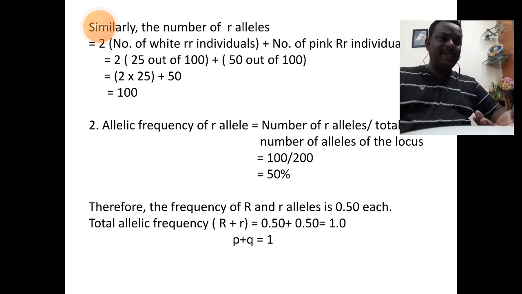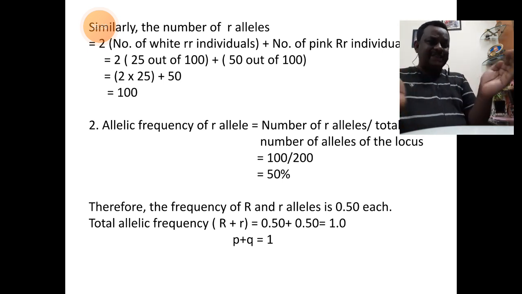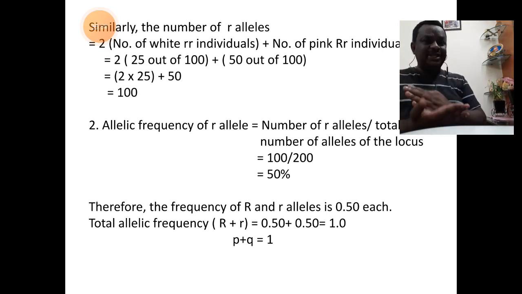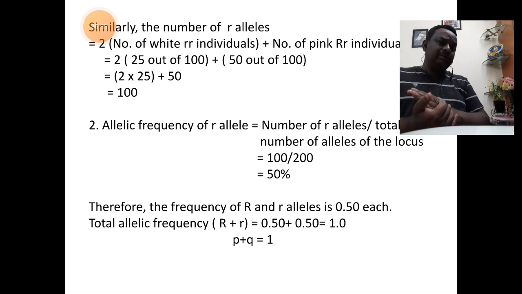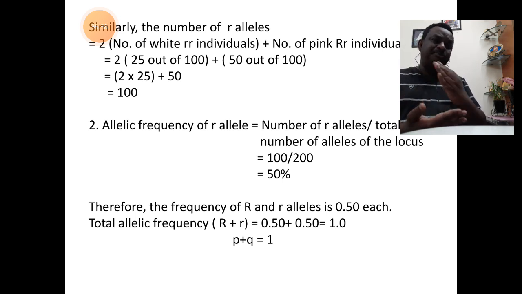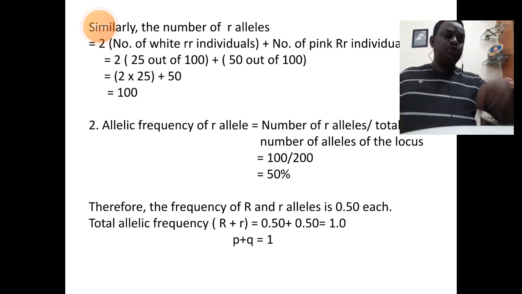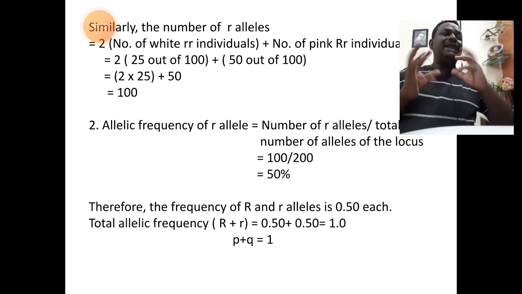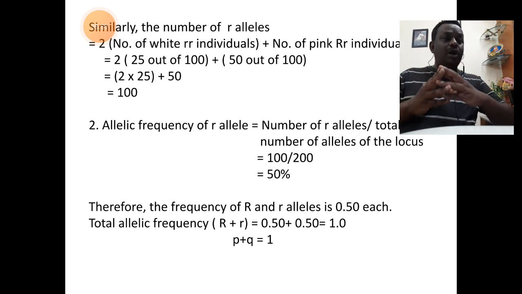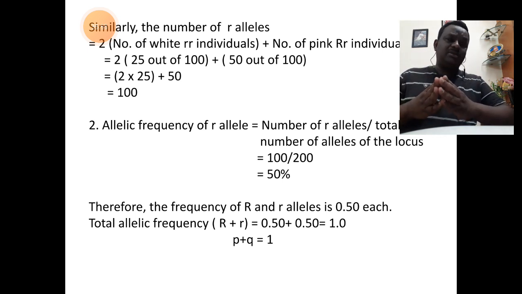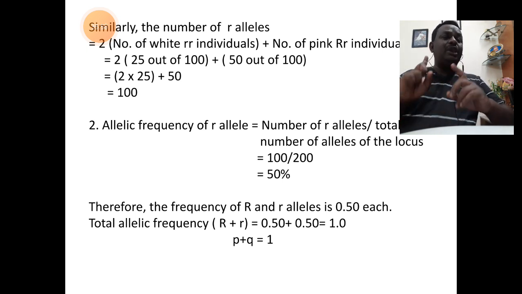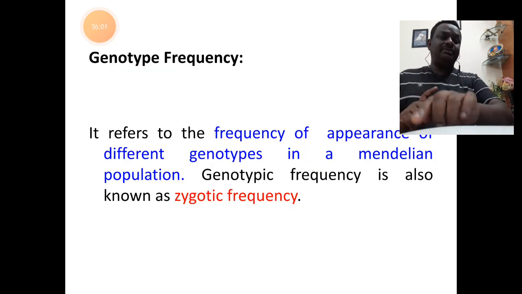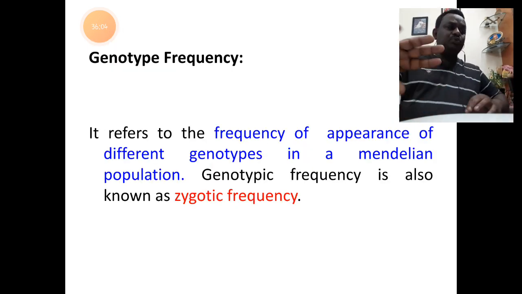Simply put, when I sum up the allelic frequency of capital R and small r, it is 0.5 plus 0.5, equal to 1. So the p plus q concept is equal to 1. Here, the total allelic frequency of the dominant allele and the recessive allele in a Mendelian population will be equal to the sum total of 1. This is one concept.